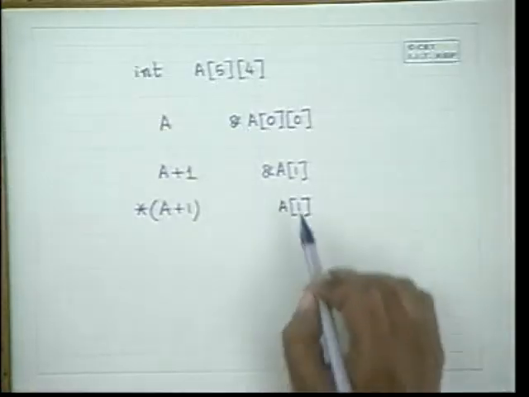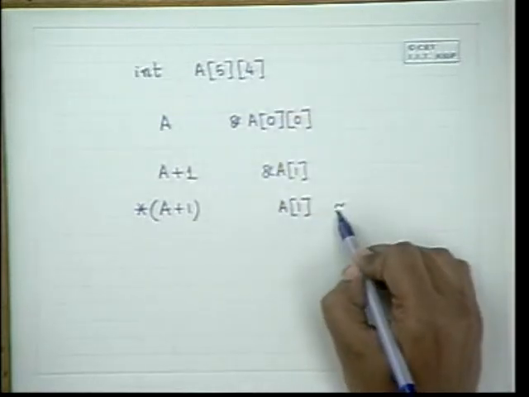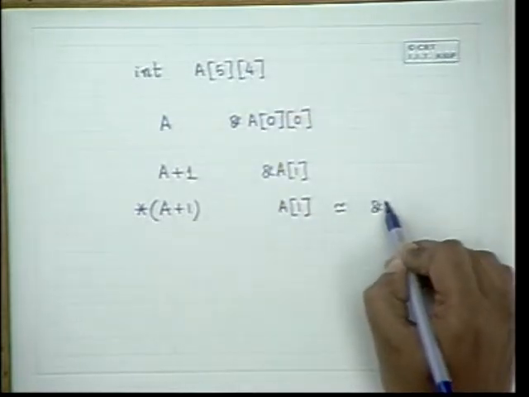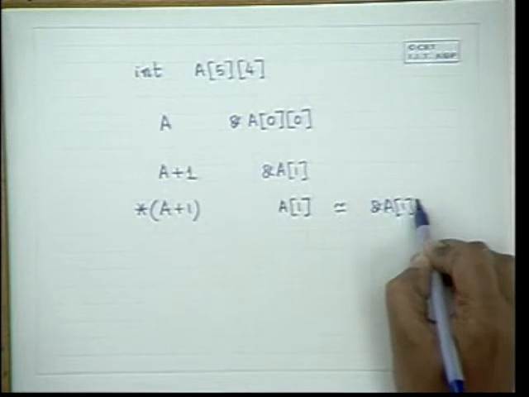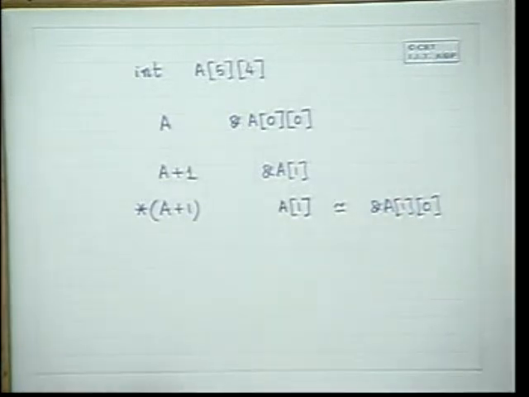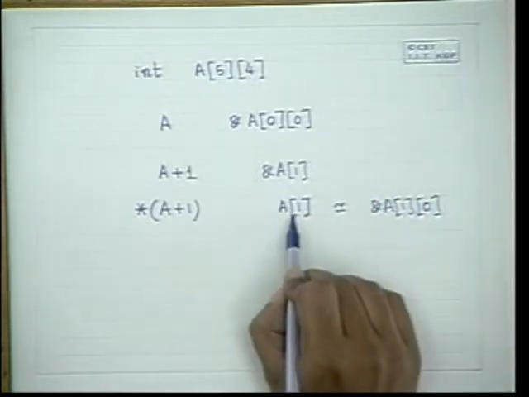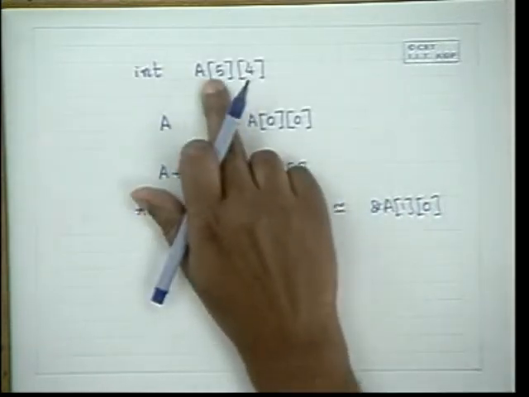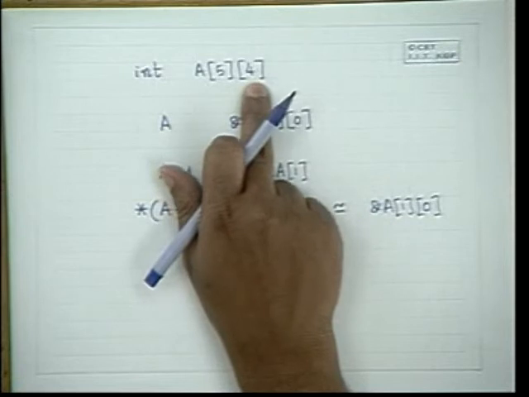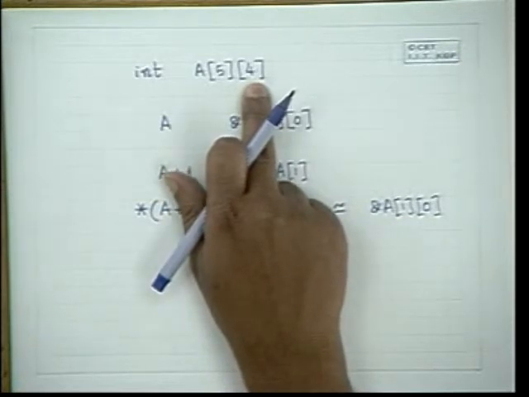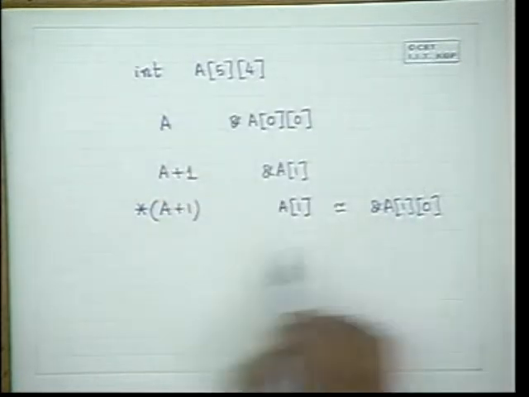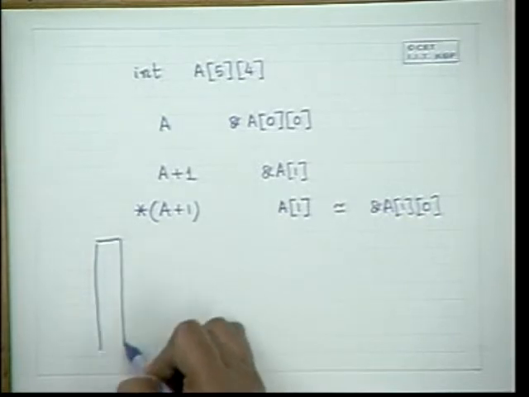A plus 1 is the same as &A[1]. Content of A plus 1 is A[1], but since it is a 2-dimensional array, this is equivalent to the starting location. A[1] is the starting location of an array of 4 elements. Look at it conceptually like this.